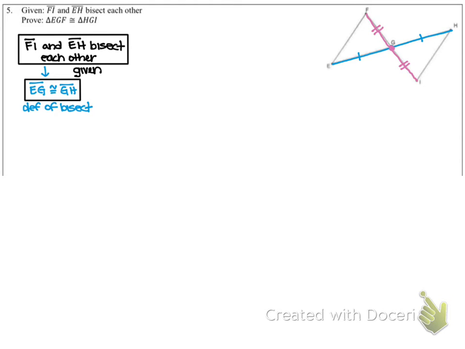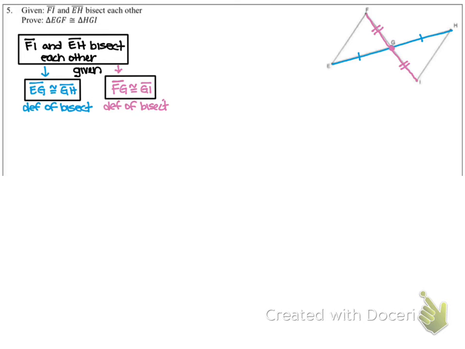So I've got FG and GI. So FG is congruent to GI. Reason? Well, it still has to do with the bubble above. This is definition of bisect. All right, I'm doing pretty good.